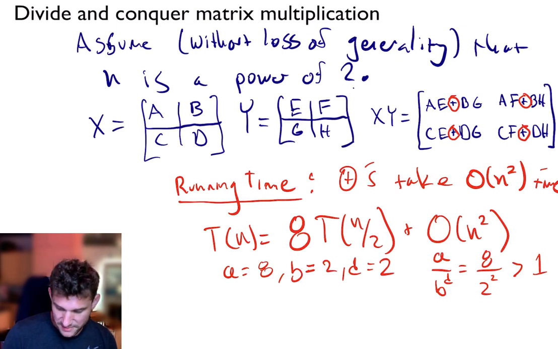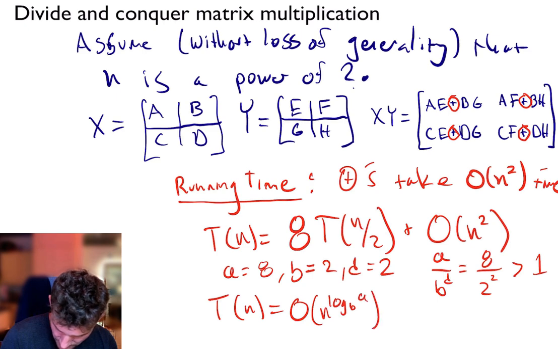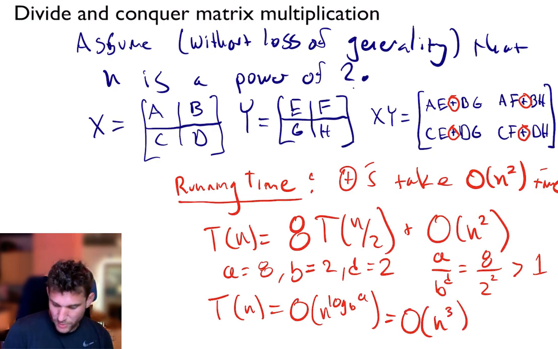Using the master theorem, we have T of n equals O of n to the log base b of a, which equals O of n cubed. Why n cubed? Well, log base 2 of 8 is 3, so we end up getting an O of n cubed algorithm. Now you'll notice that this divide and conquer algorithm isn't faster than the algorithm we tried previously.